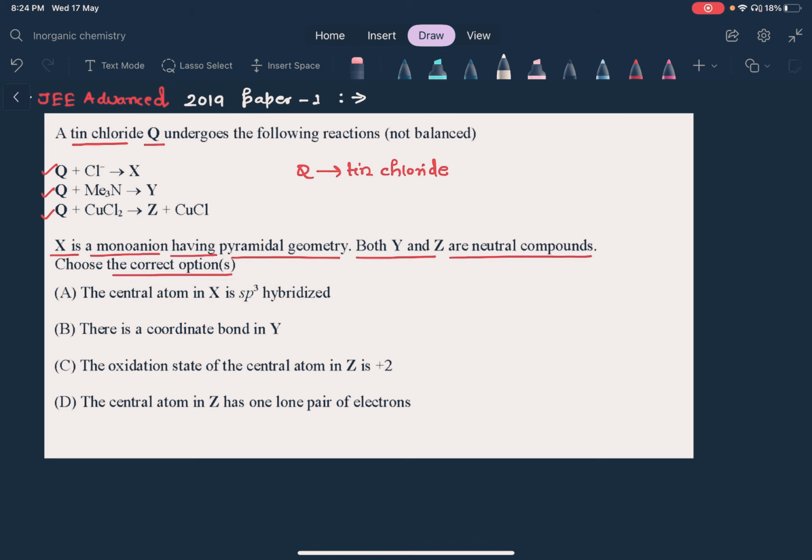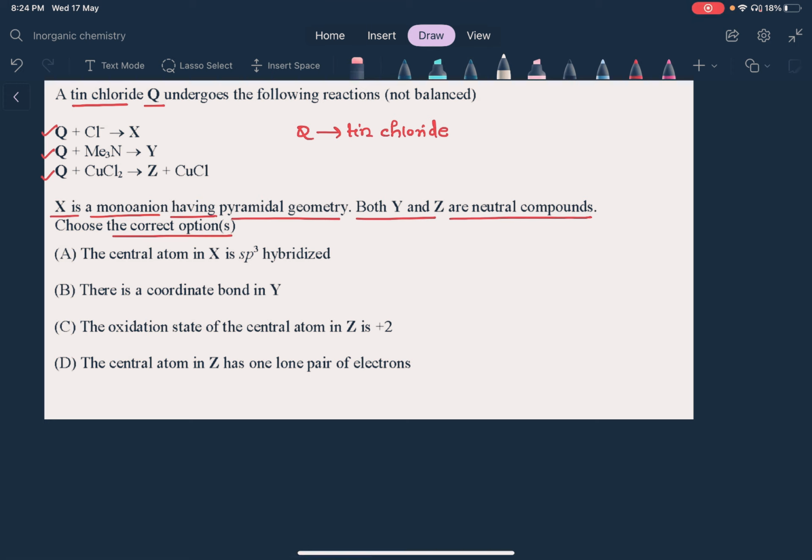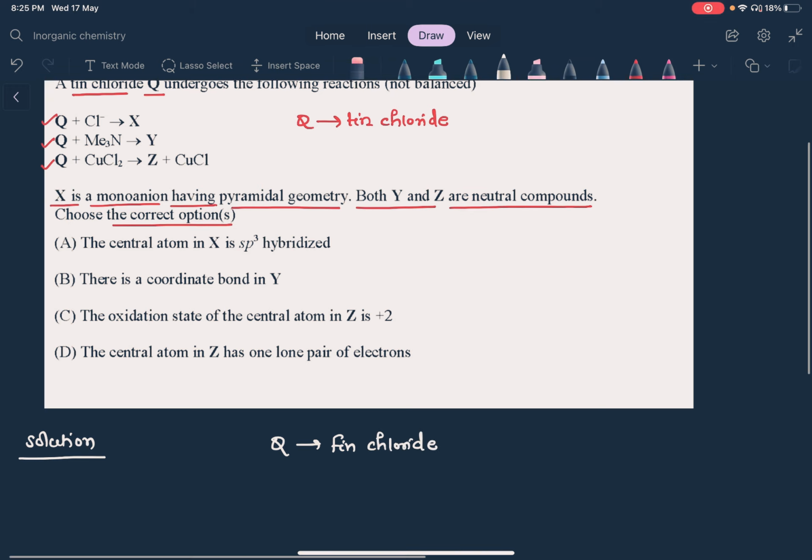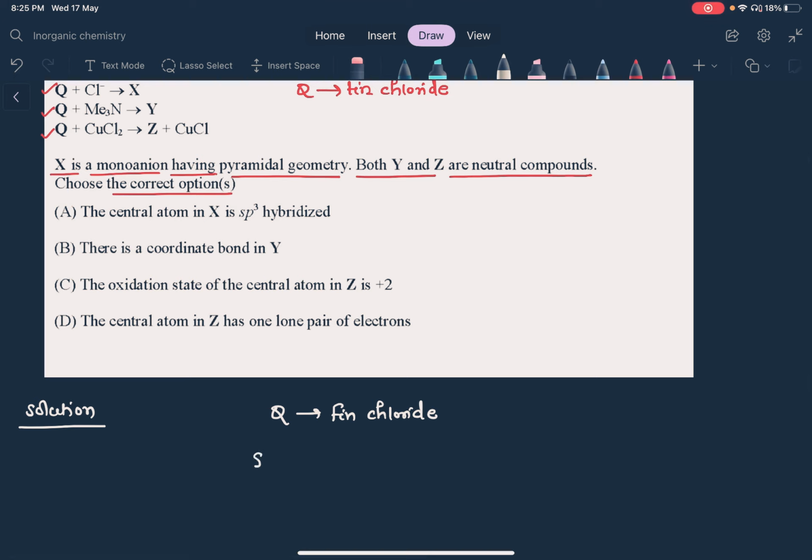So we can start this question from this thinking: since Q is a tin chloride, we know that tin chloride can be present in two particular forms. One is SnCl2 and another is SnCl4, since there are two possible oxidation states of tin, +2 and +4.